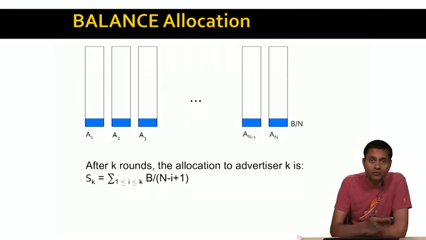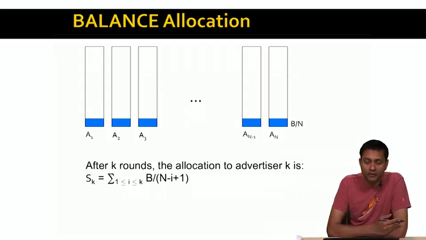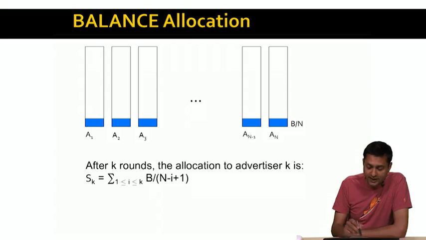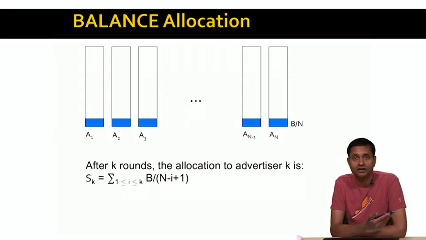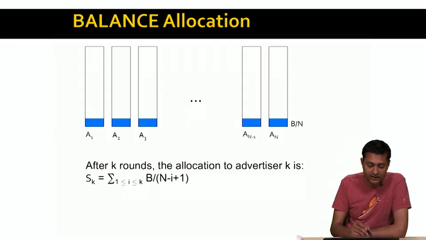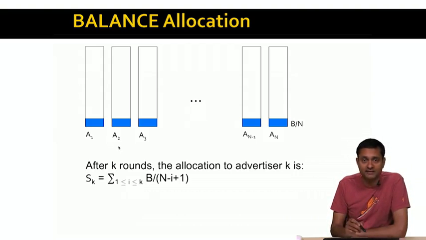Now, when the round 2 queries come in, the bidders are advertisers A2 through AN. A1 doesn't bid for the round 2 queries. And once again, the balance algorithm will assign an equal number of the round 2 queries to each of the eligible advertisers A2 through AN. The number of eligible advertisers in this case is not n, but n minus 1.